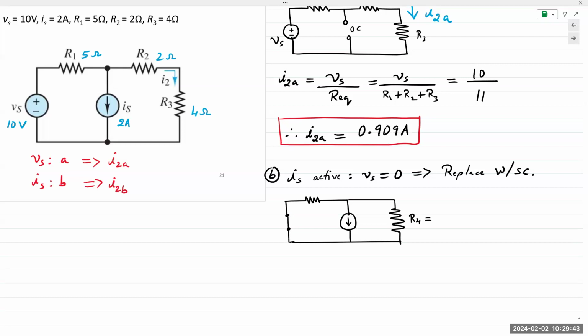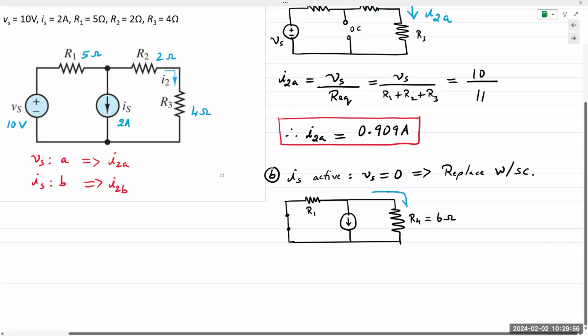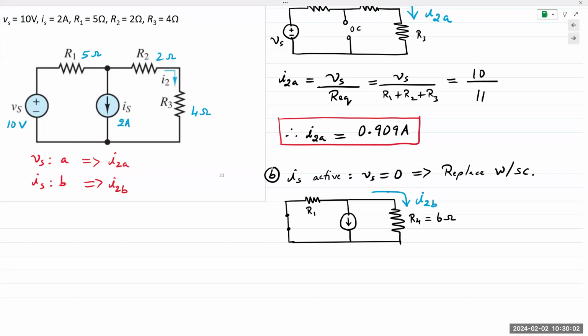R4 is R2 plus R3, which is 6 ohms. And this remains R1. And this is I2B.